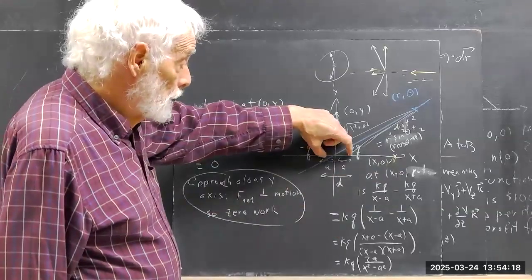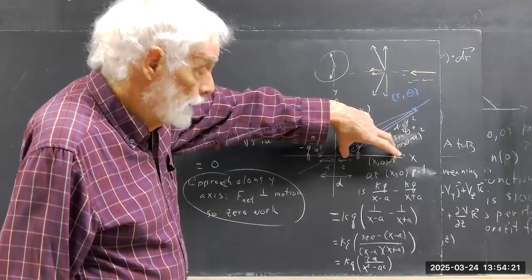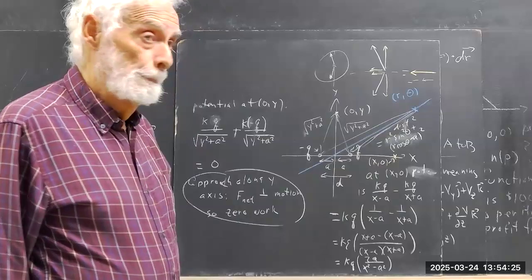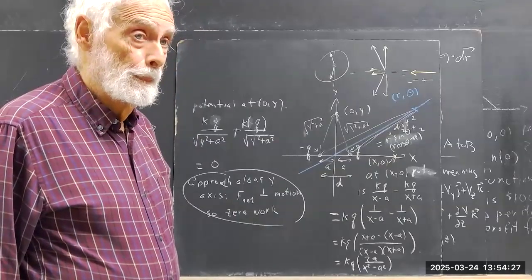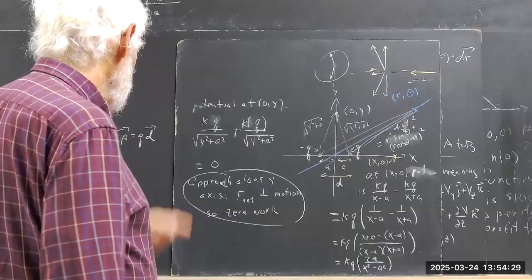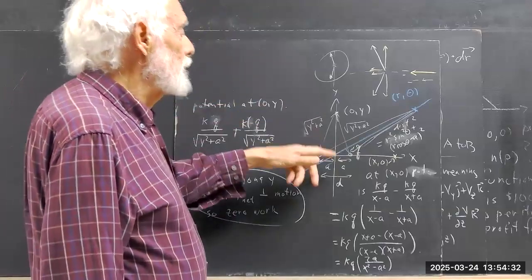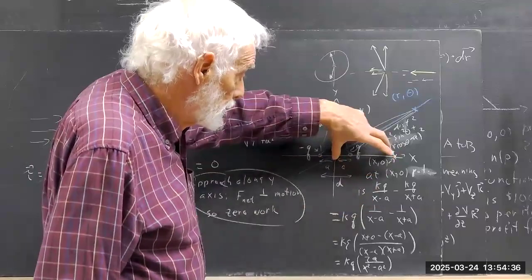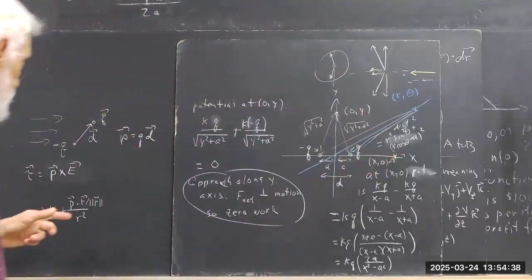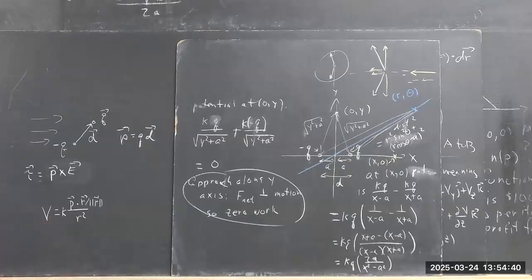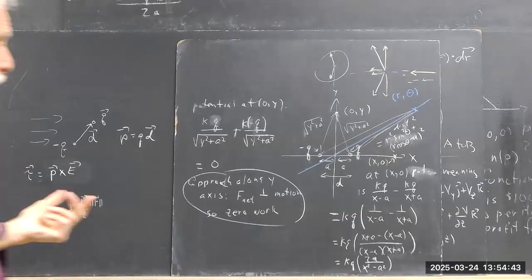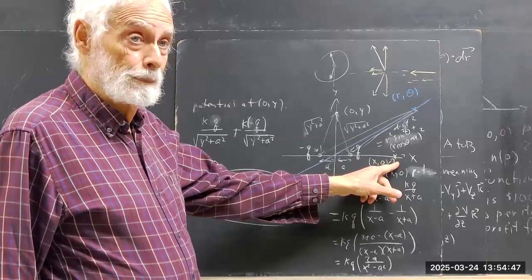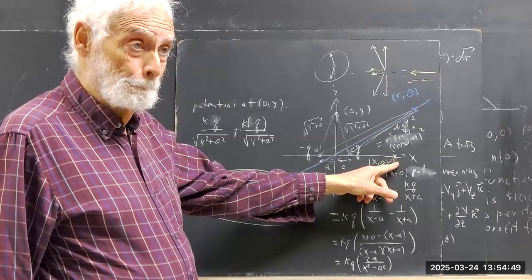It takes the dipole moment dotted with the vector from here to here. Then if I divide that by R squared, well, sorry, if I take the dot product of this with the unit vector in this direction and then divide by the square of this distance, I get the potential of this point relative to infinity. Okay.